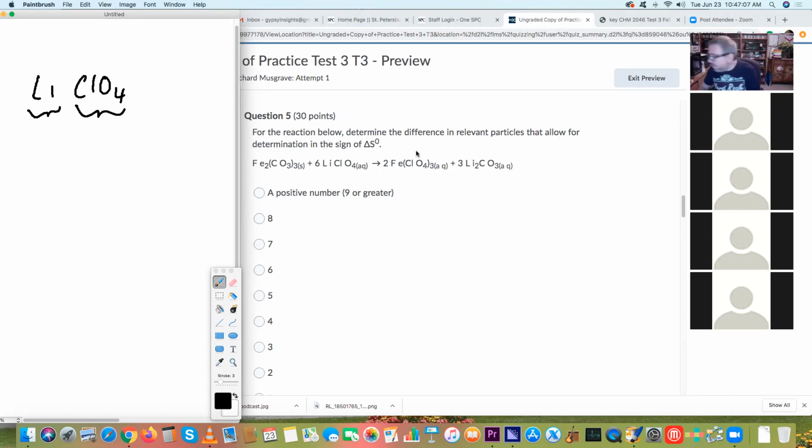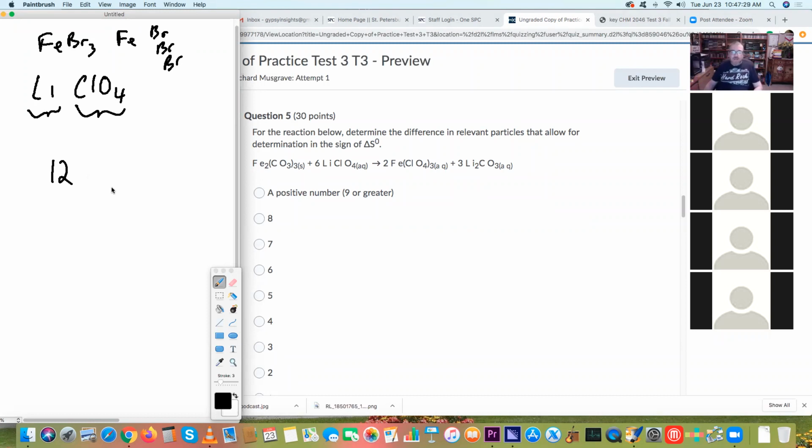Whereas if it was something like FeBr3, you know that that's going to be one Fe and three Brs. But the difference there is that the Br is a single element, not a polyatomic ion. Is that fair enough? Well, thank you for being brave. I appreciate it. We've got 12.